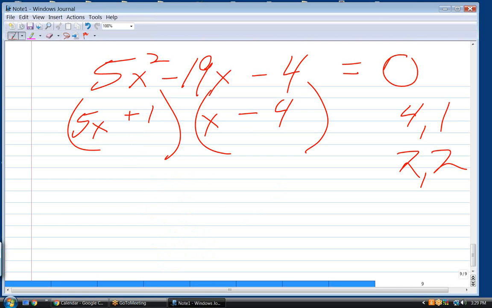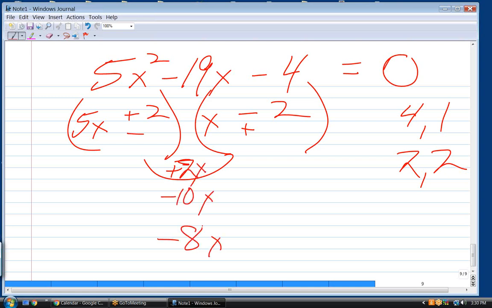But what happens if I were to try 2 and 2? Well, I get plus 2x minus 10x. I get a minus 8x. I don't get the right number. Yeah, that's way off. So there's no point in trying that 2 down here and this 2 down there.